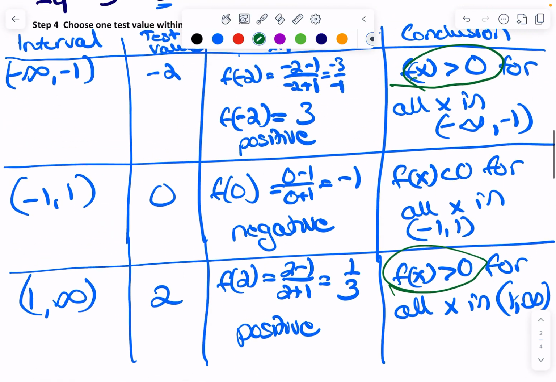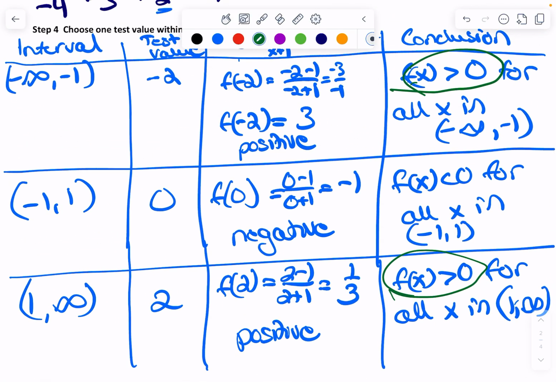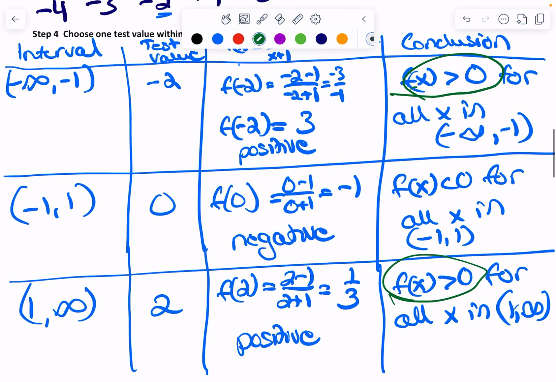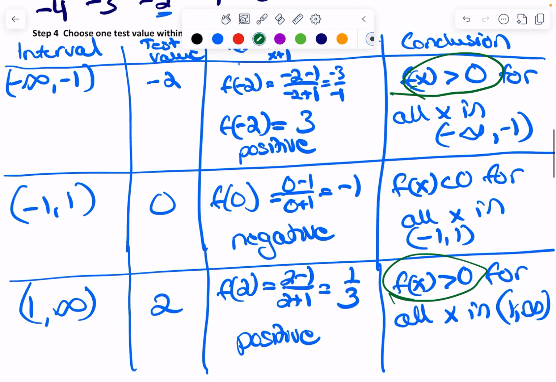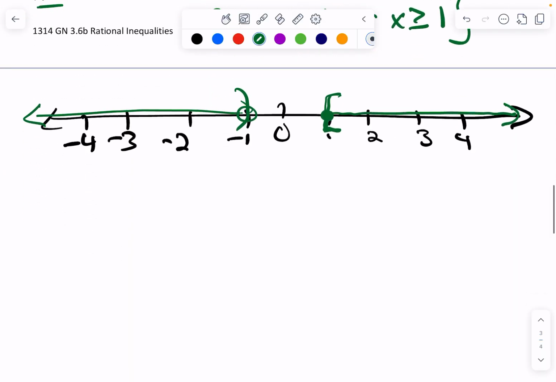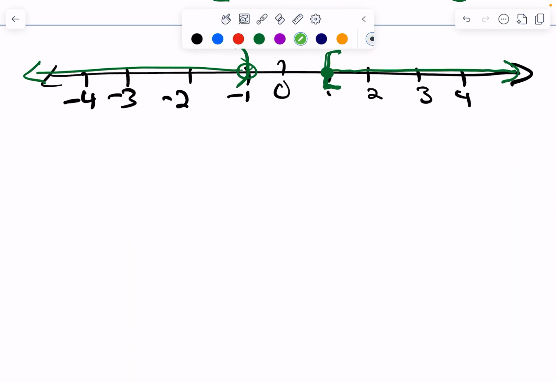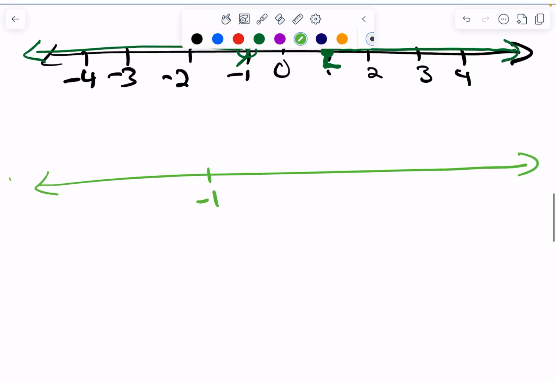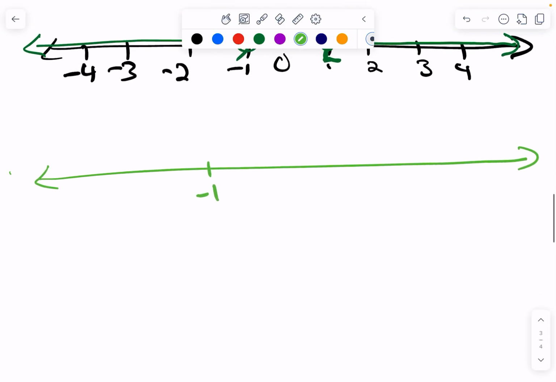Now, there's another way of doing this, instead of doing this table right here with the test value. We still need the intervals, but I'm going to show you a different way of figuring that out. So I'm going to do the number line here. I'm going to do -1 and 1.